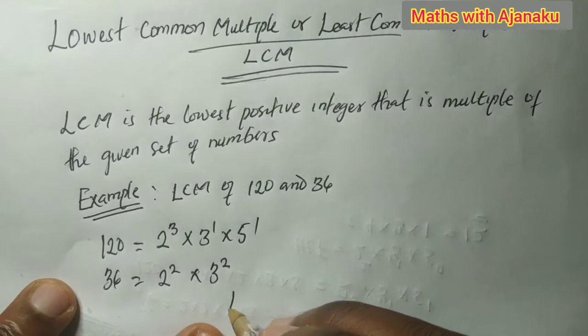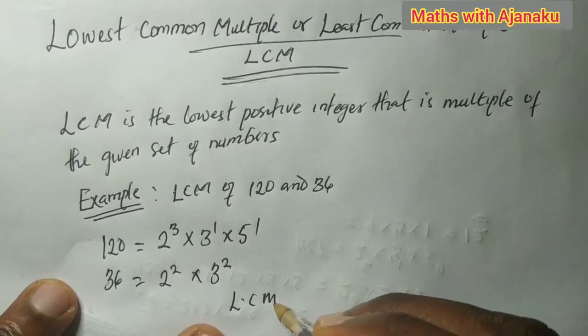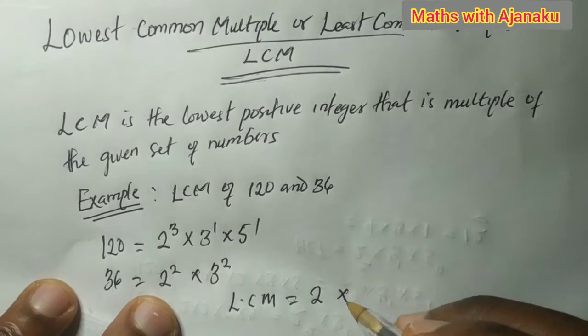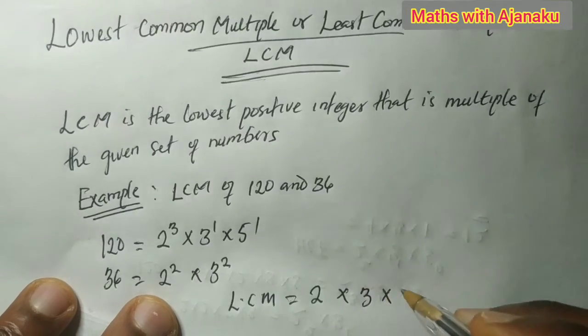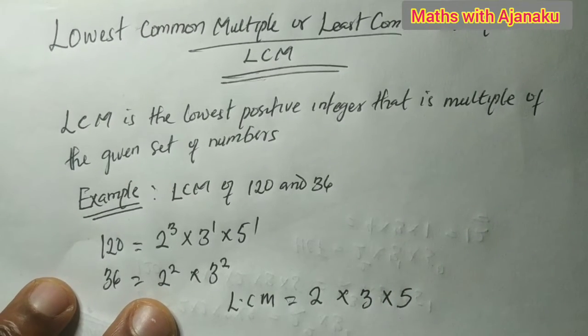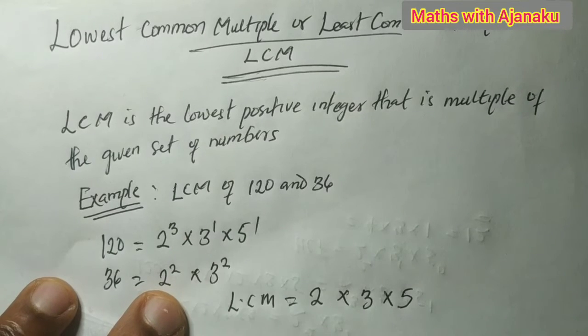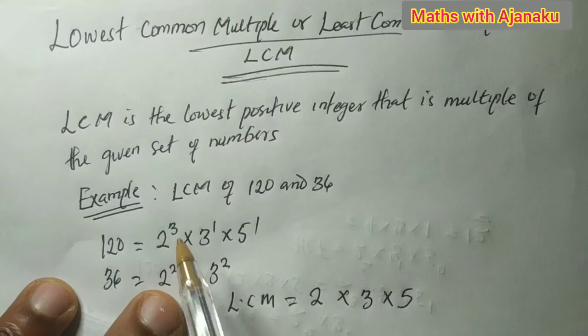Now to get our LCM, in this case, you have to write out all the prime factors that we've gotten there. Now, unlike the HCF, where we pick the one with the lowest power for each, here we pick the one with the highest power, which is 2 raised to power 3.